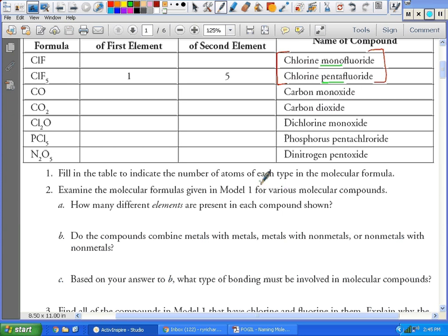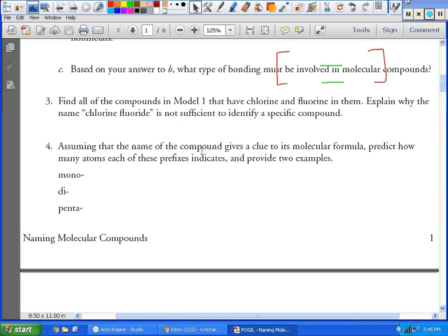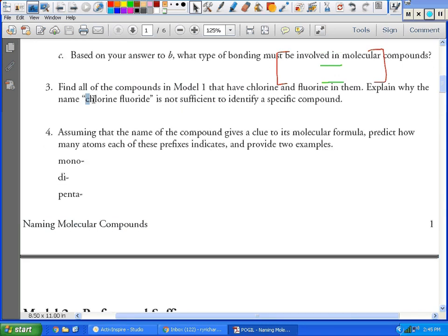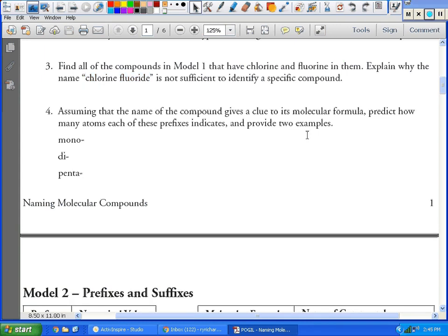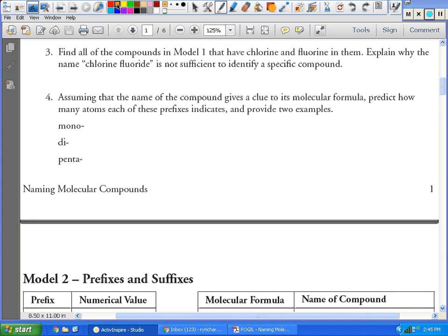But that's mono. This specifically says, why would chlorine fluoride not be sufficient to identify a specific compound? Thank you, Jamila. It doesn't tell you, and I want you to write this in some way, shape, form, or fashion if you don't have it like this.